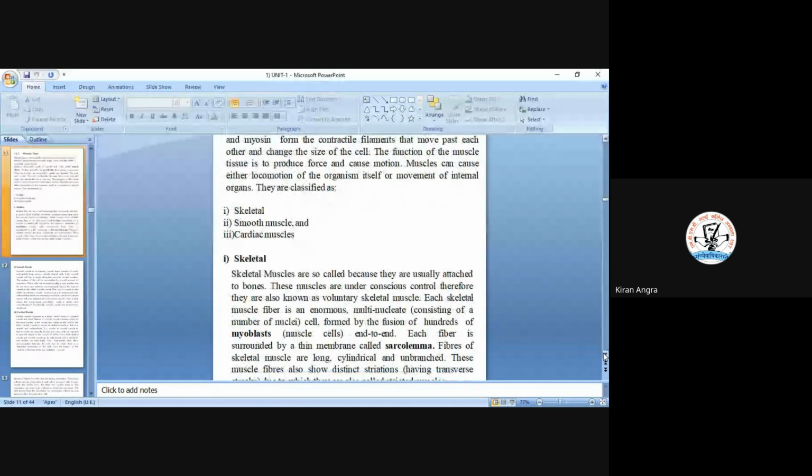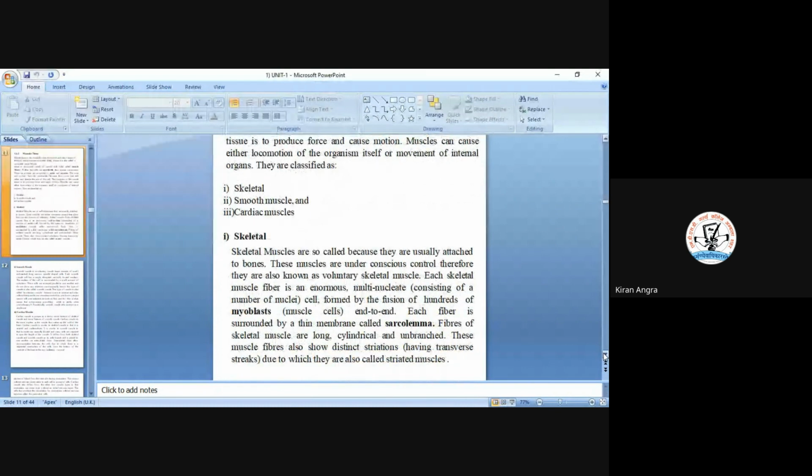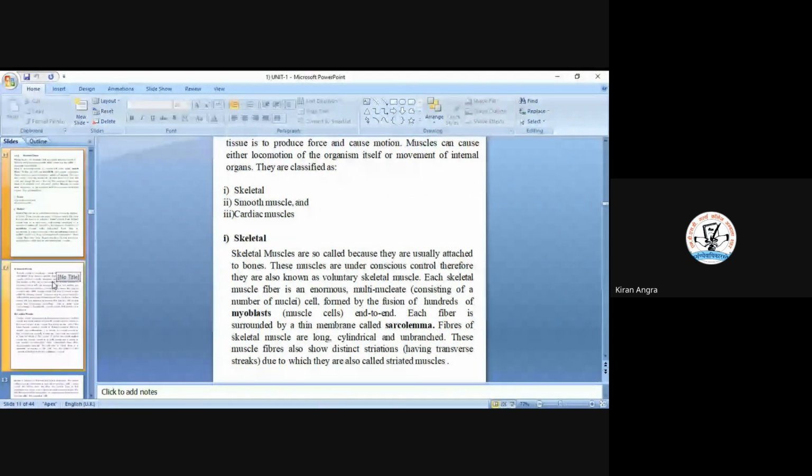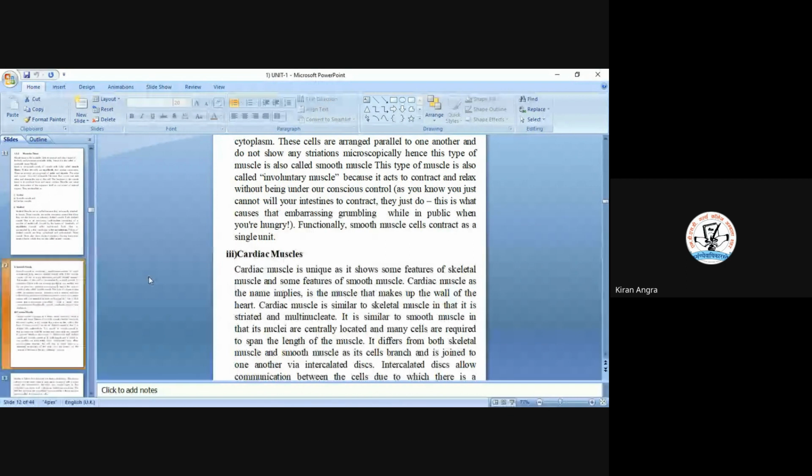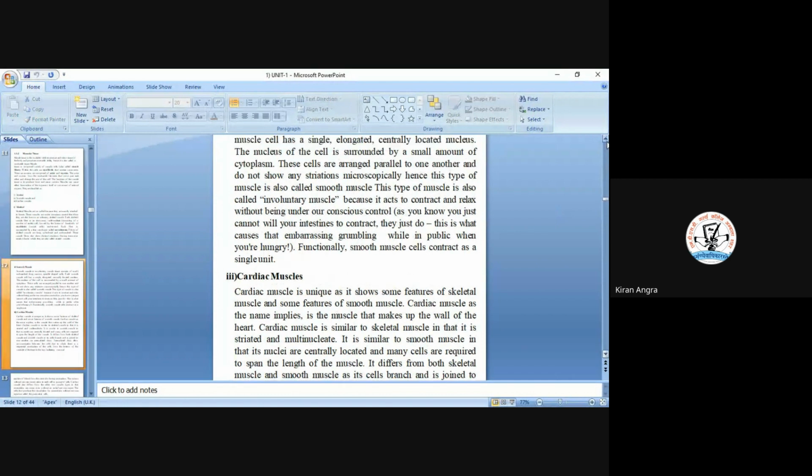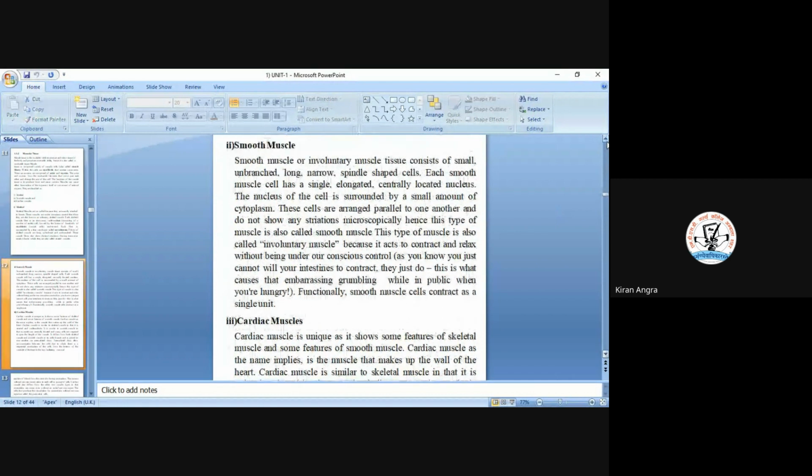If you want to lift your leg, the muscles of the leg will help you lift it up. This is a simple example. Because the muscles are under conscious control, they are known as voluntary skeletal muscles. Fibers of skeletal muscles are long, cylindrical, and unbranched. These muscle fibers also show distinct striations, due to which they are called striated muscles.